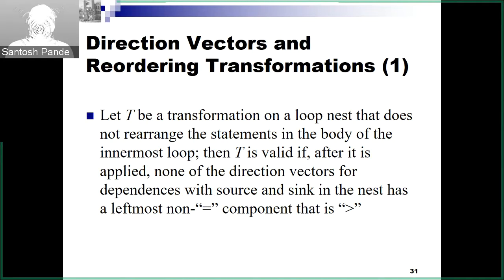So basically we have to make sure that we don't convert a dependence into this greater than dependence, because that just cannot exist in the normalized sense. If we convert it, we are doing something wrong in terms of changing the ordering of the original intent of the dependencies.